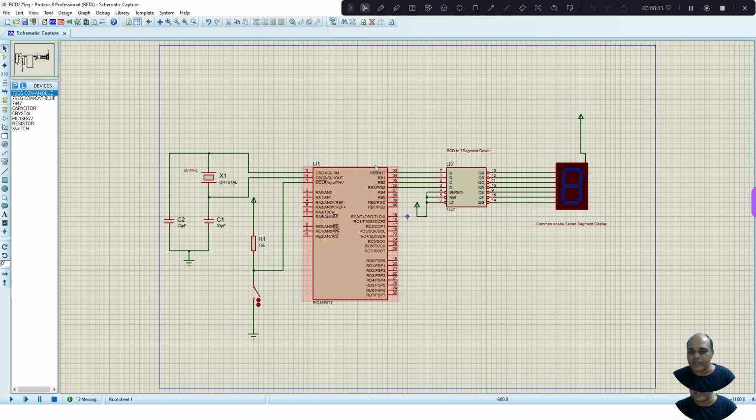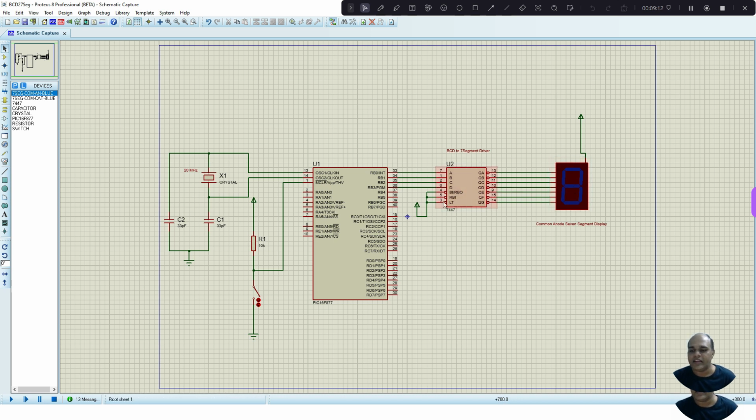And as I said, port B, RB0 to RB3, is going to provide the BCD inputs. It goes to the A, B, C, D inputs of your 7447, and it generates the corresponding 7 segment output, which is connected to a 7 segment display. Here I have used a common anode 7 segment display. So QA to QG will produce a logic 0, thereby enabling the corresponding segment.